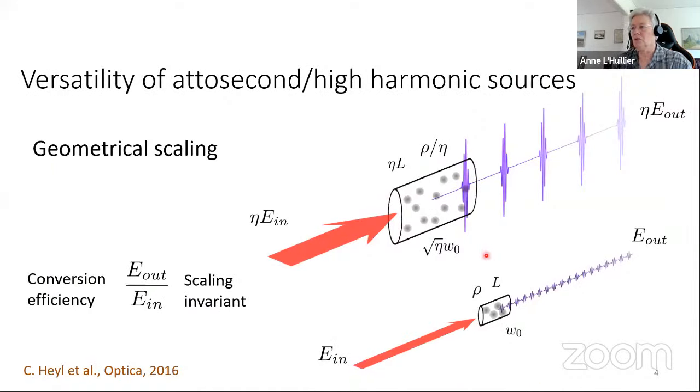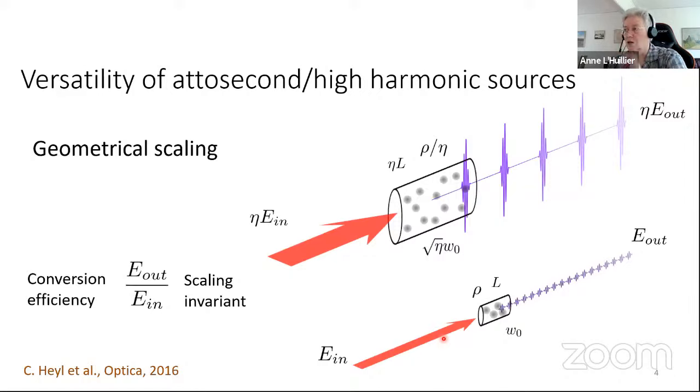So if you have a certain condition with a loose focusing geometry, and then you go to tight focusing geometry simply because you need the intensity in the medium, and you have only 10 microjoule, you can still reach 10 to 14 watts per square centimeter that you need by using tight focusing, 5 centimeter focusing in our case.